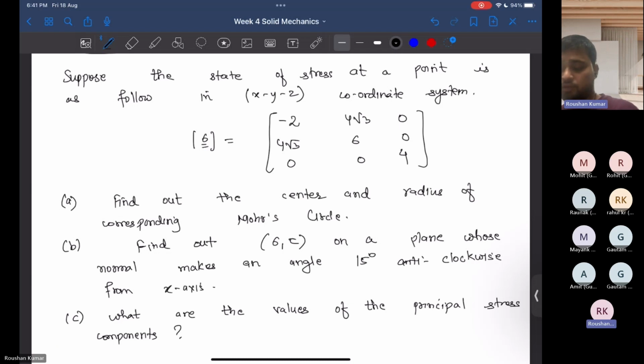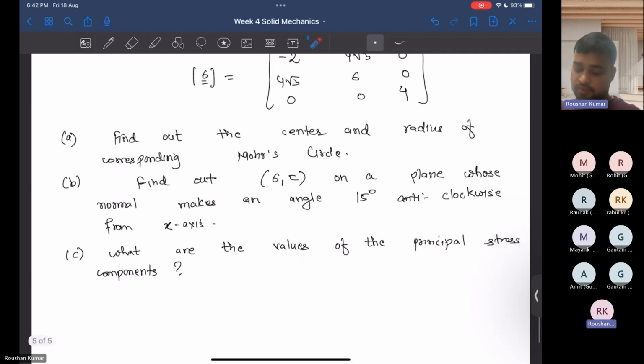The state of stress at a point is given in the x, y, and z coordinate system. The first question is, find out the center and radius of the corresponding Mohr circle. The next is, find out the normal and shear stress on a plane whose normal makes an angle of 15° anti-clockwise from the x-axis. And the third is, what are the values of the principal stress components?